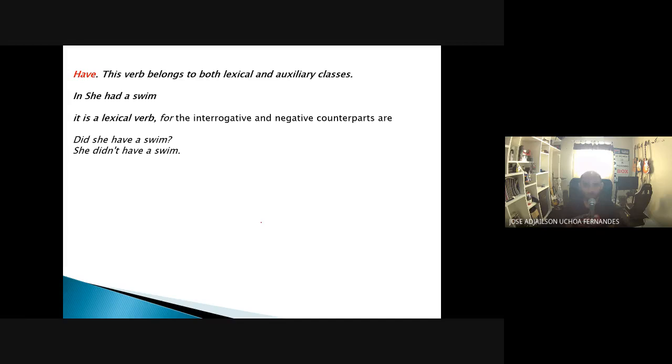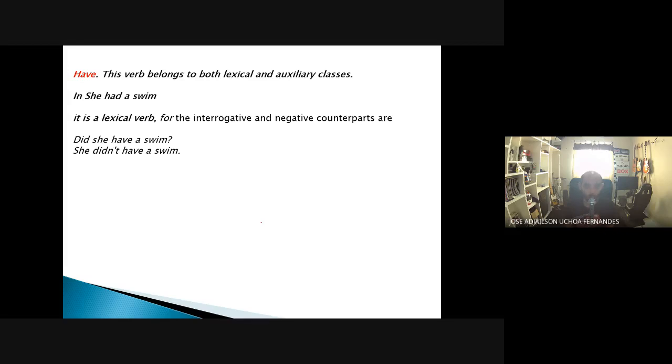Classically, have as an auxiliary is used for those compound verb tenses like the perfect tenses. So this verb belongs to both lexical and auxiliary classes because, similar to do, where we have do to perform something, and the auxiliary do, we have the have auxiliary for perfect tenses, and we have the have meaning to be the owner of something, or indicating some kind of possession, like I have a girlfriend.